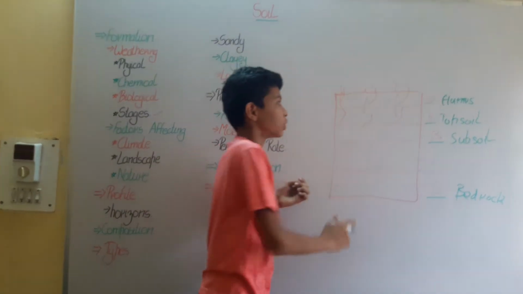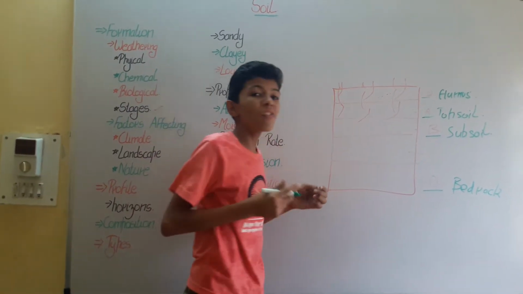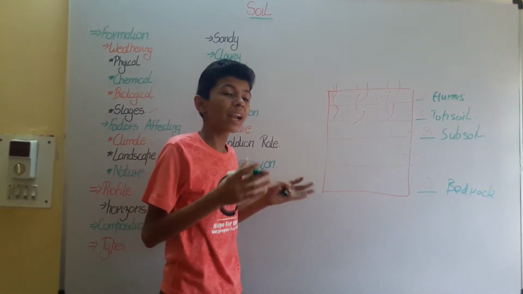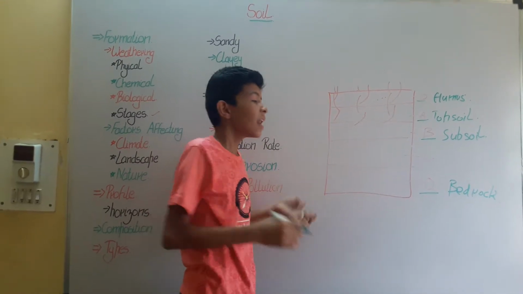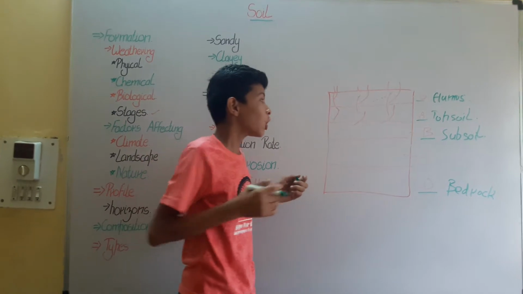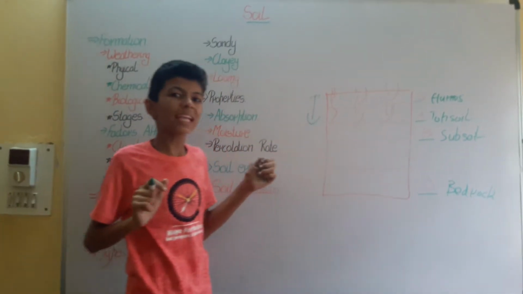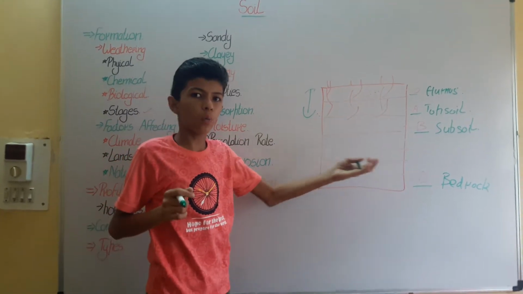The roots of the plants end in the topsoil. Most of the animals and insects which live in the soil live here, mostly in the topsoil, because the air is present there in that much quantity in the ground.